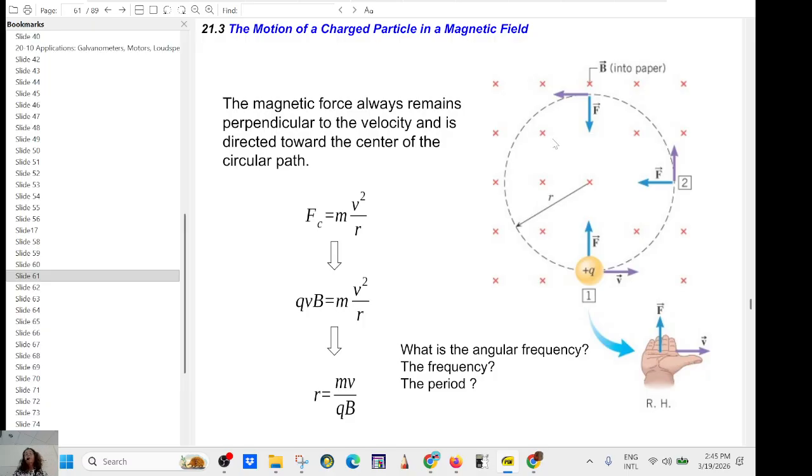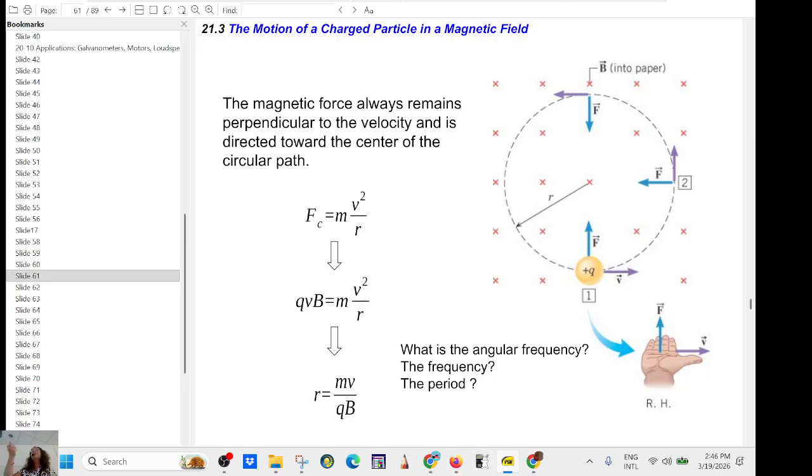Okay, we already discussed that last time, but here is the math. The force is a centripetal force. The force is QVB, so you rearrange and you get this. The radius equals momentum, because the larger the momentum, the harder it is to steer the particle, over QB, where B is the magnetic field.